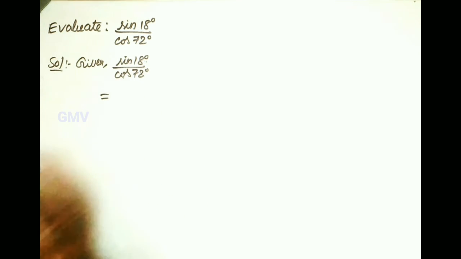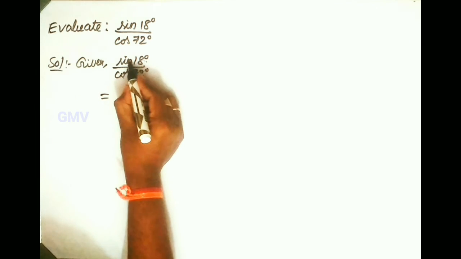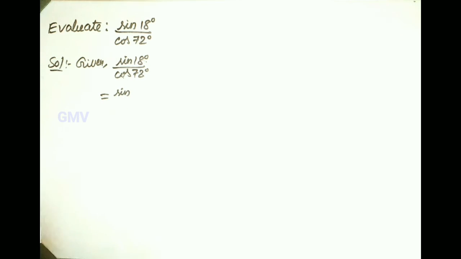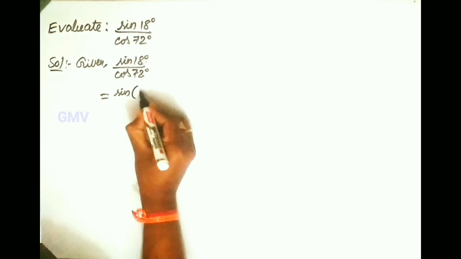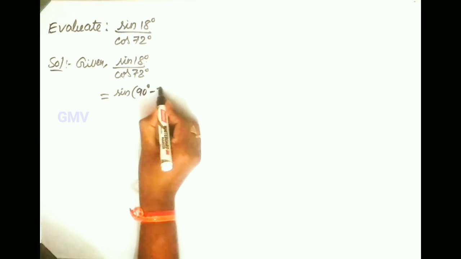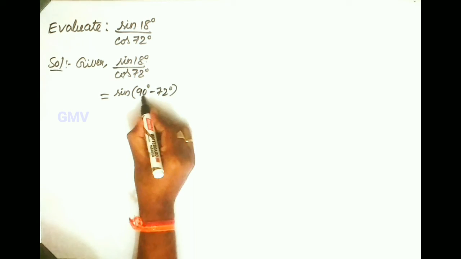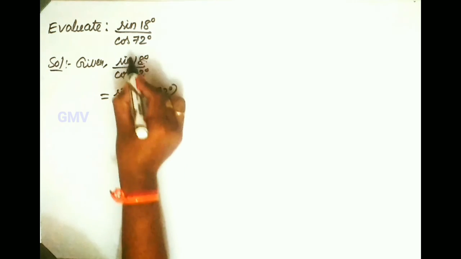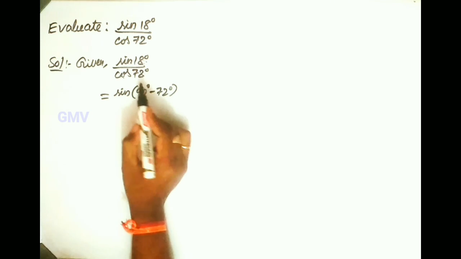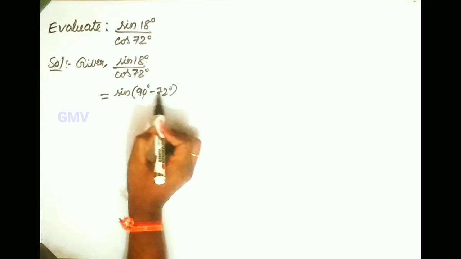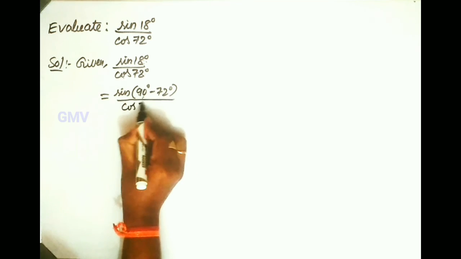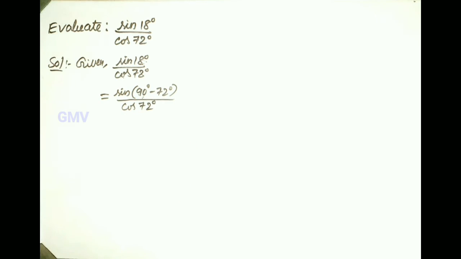The next step, we have to change sin into cos. For that, we have to write sin as it is. And 18 degree can be written as 90 degree minus 72 degree, because 90 degree minus 72 degree means 18 degree. So we will get again sin 18 degree. So we have to write 18 degree as 90 degree minus 72 degree divided by cos 72 degree.